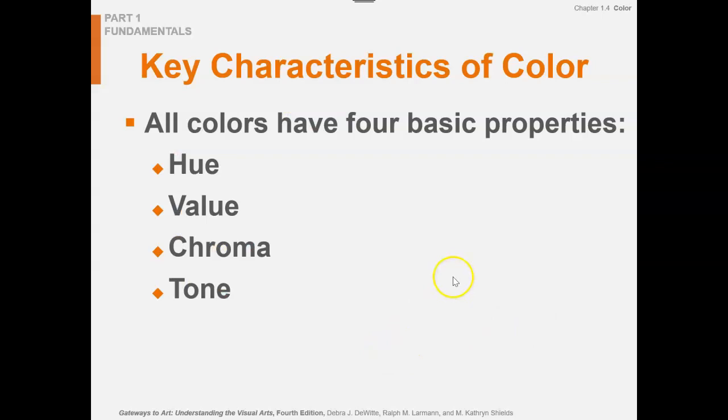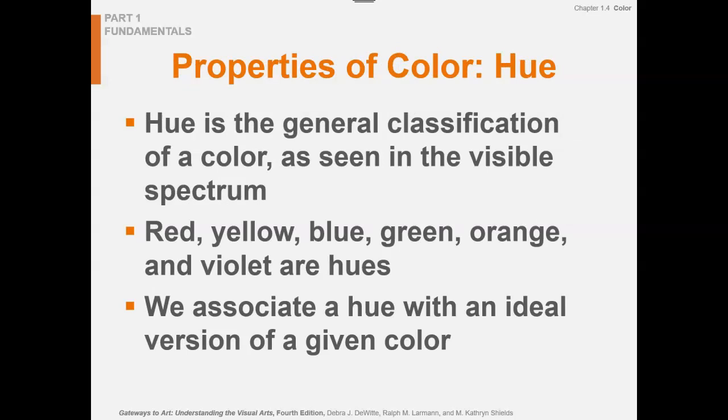So some of the key characteristics of color that you're going to hear a lot are hue, value, chroma, and tone. And so we've talked about value in black and white drawings. We'll talk about value in color as well. So hue is really just a classification of a color, right?